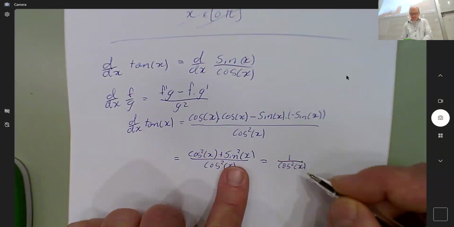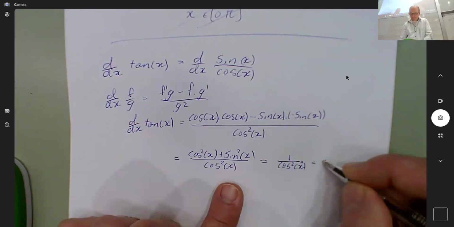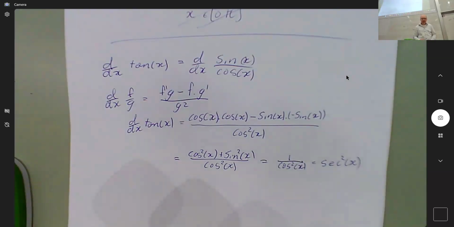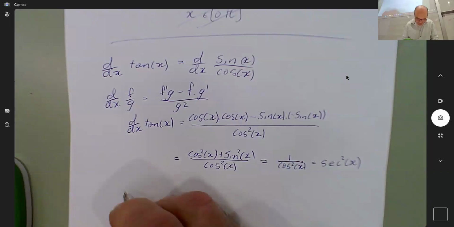So this is where we get sec squared of x. We should know that derivative, but you can do that whole process. Nothing up my sleeve. Hey presto.